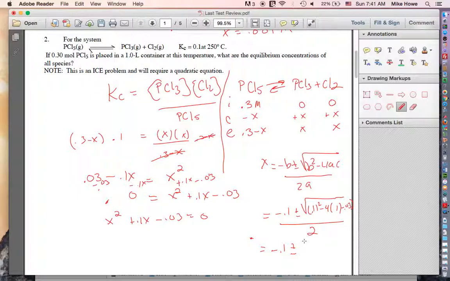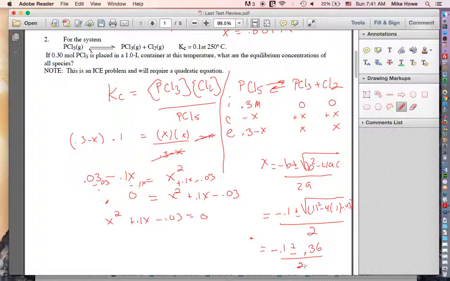So plus 4 times 0.03. I'm skipping the 1 because 1's just 1. And I get 0.13. Then I'm going to take the square root of that. I get 0.36. So our answer underneath the radical is 0.36.